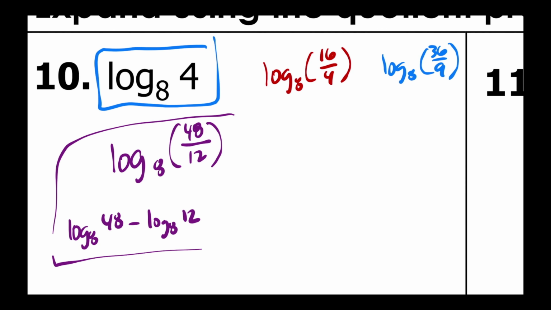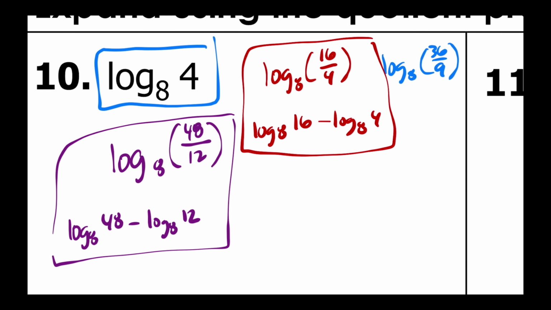That's one way we can do it. Or log base 8 of the top one, 16, minus log base 8 of the bottom one, which is 4. There you go. Or the blue one, log base 8 of the top one, 36, minus log base 8 of the bottom one, which is 9.